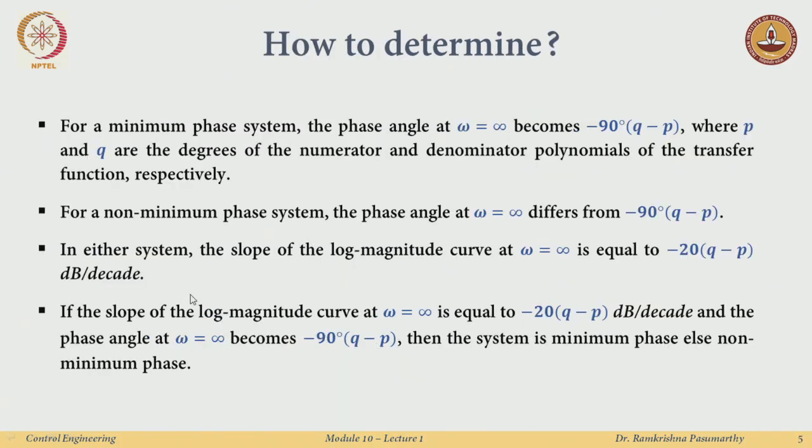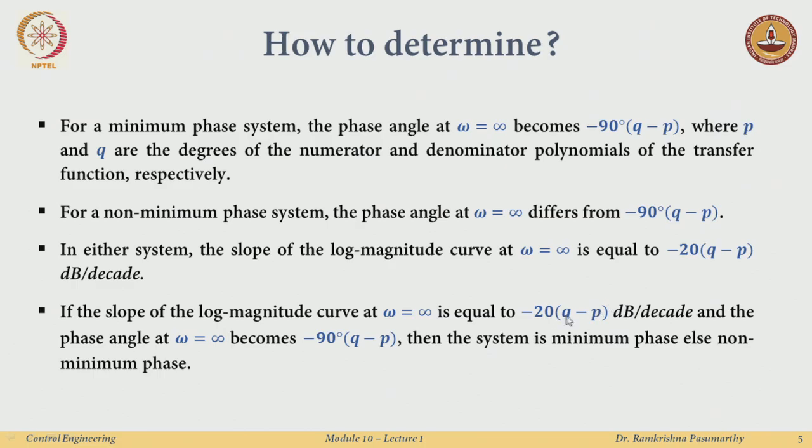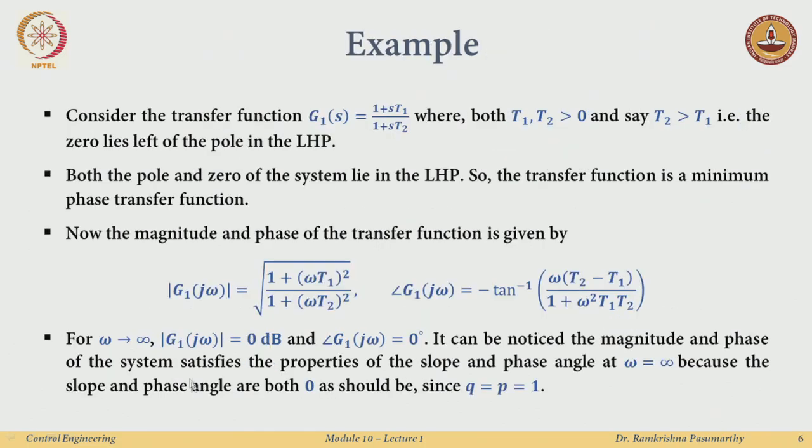The magnitude for a minimum phase system as omega tends to infinity should be minus 20 (q minus p). What is q in this example? What is p? Both are equal to 1. So what is minus 20 (q minus p)? That should just be 0. Therefore, as omega goes to infinity, the magnitude goes to 0.